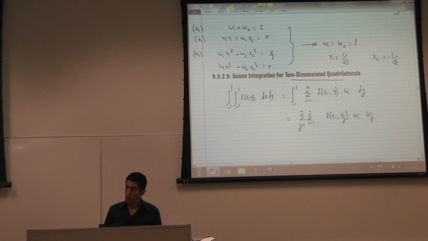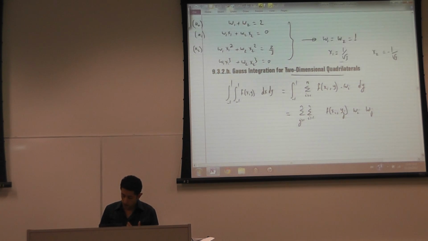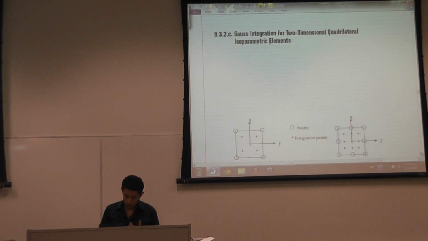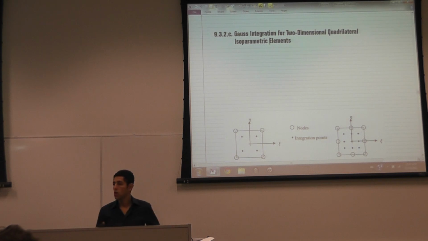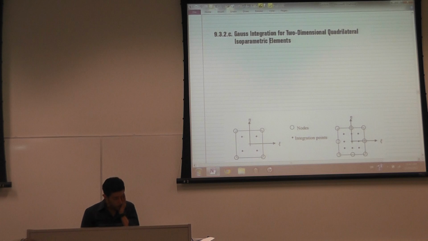Okay, so how does this apply to the finite element analysis? I'm now going to utilize this integration scheme to calculate the stiffness matrix by, instead of integrating on my whole domain, calculating the entries of the stiffness matrix at particular points, and these particular points are the integration points.